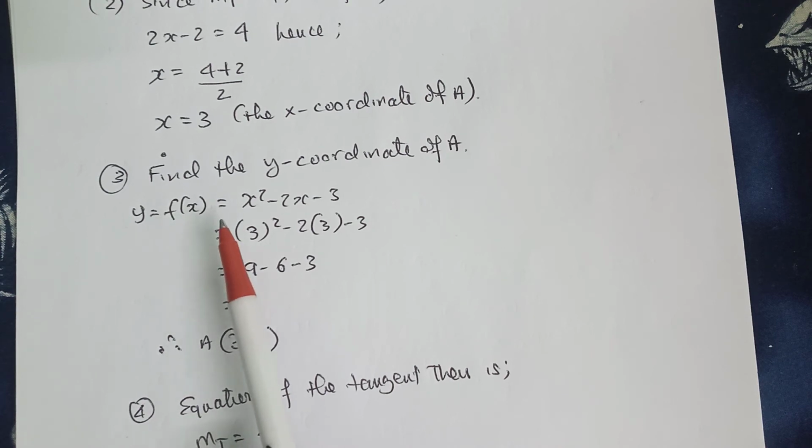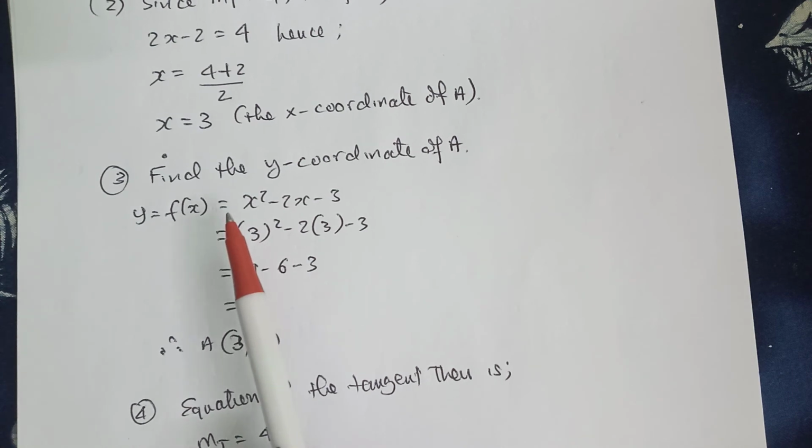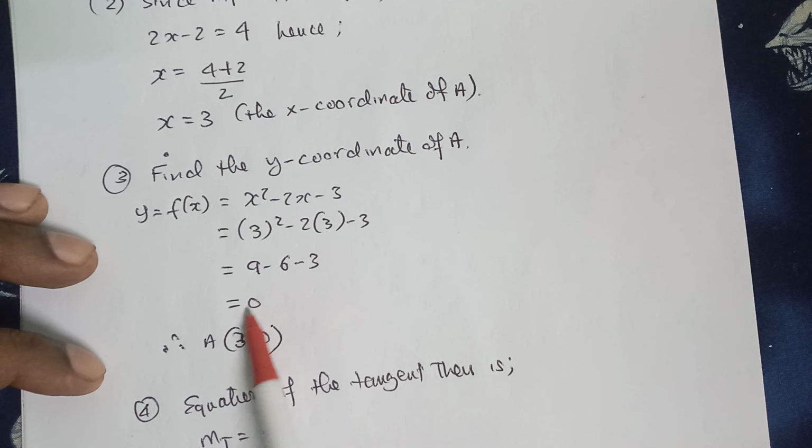When we substitute the x coordinate into the gradient function, we obtain the slope. When we substitute the x coordinate into the function of the curve, we obtain the y coordinate of the point, as in our problem, point A. When we do so, we end up having 0, and the y coordinate is 0. And so our point A has coordinates (3, 0).